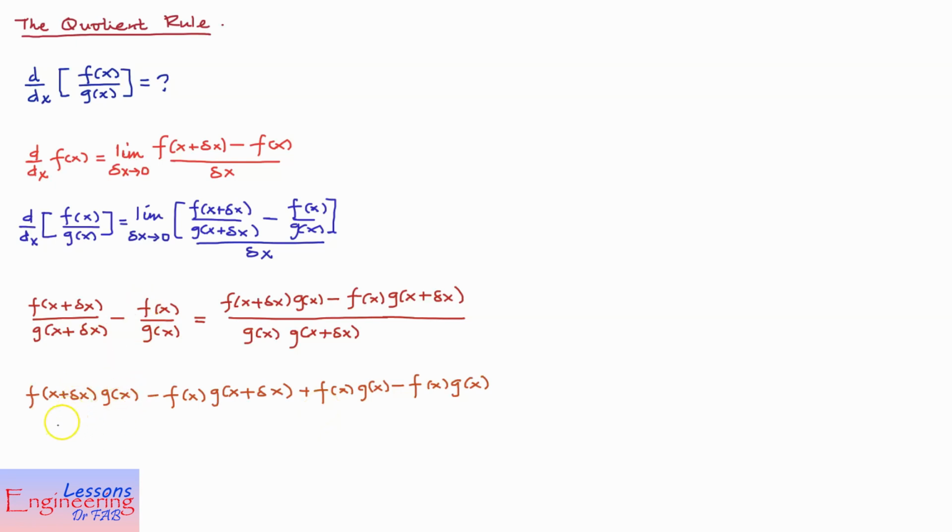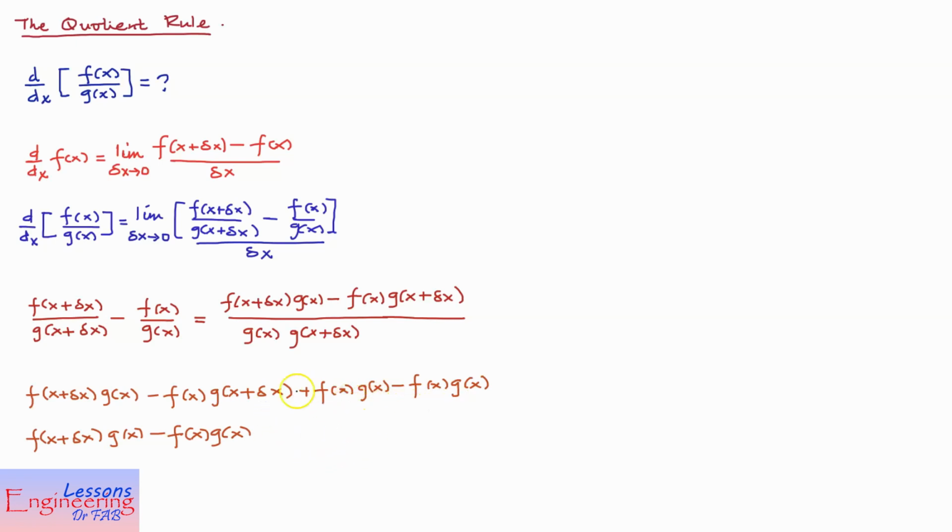Okay, so then if I now bring f of x plus sigma x times g of x, now minus f of x g of x, so it's that expression that I brought forward here.